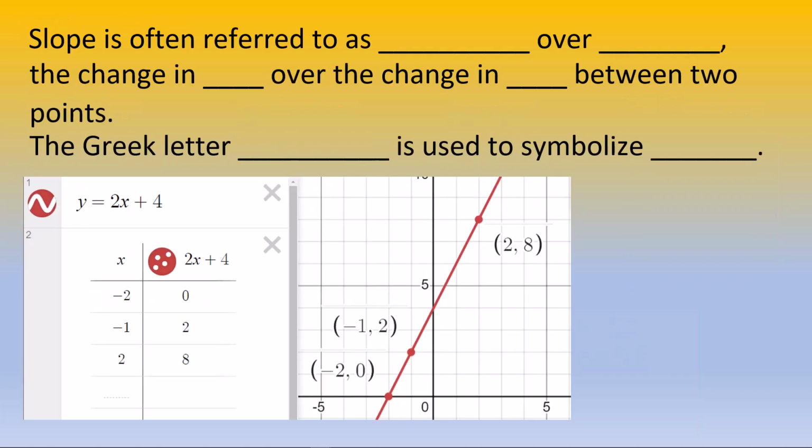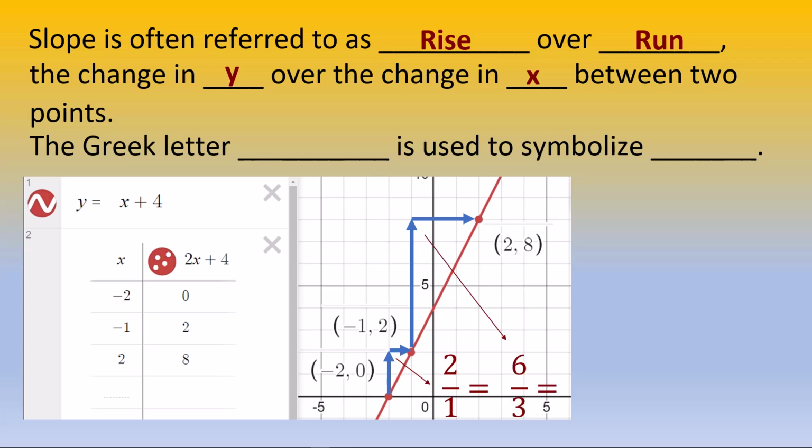Slope is often referred to as rise over run, 2/1 between the first 2 points shown in this example, or the change in y over the change in x between 2 points, 6/3 for the second pair of points in the graph. The Greek letter delta, which looks like a triangle, is used to symbolize change in science and in mathematics.